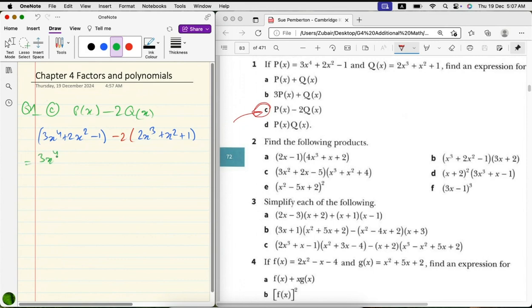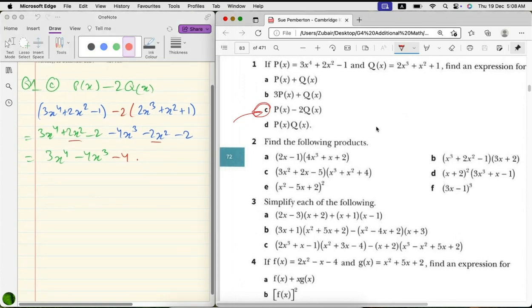The first one comes out as it is. Now we multiply with minus 2. So we get minus 4x cubed, minus 2x squared, and minus 2. So there's no term in x^4, 3x^4 stays as it is. There's only one term in x cubed, minus 4x cubed. And then in x squared, we have plus 2x squared and minus 2x squared, which would just cancel out. And the last thing is minus 4.